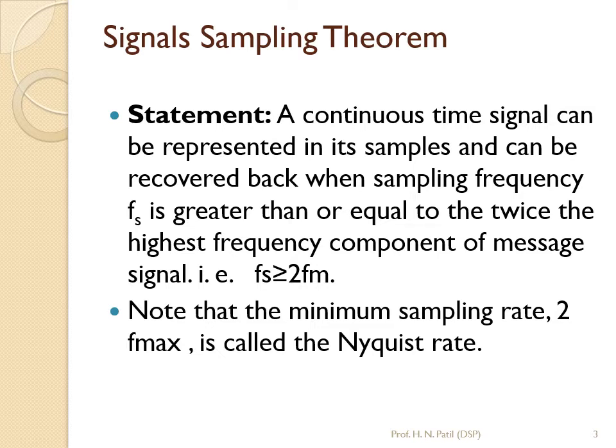So in mathematical form, it is represented as fs is greater than or equal to 2 fm. Note that here the minimum sampling rate is twice f max. This is called the Nyquist rate.